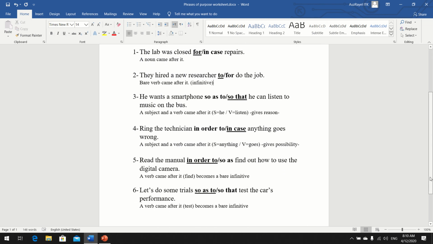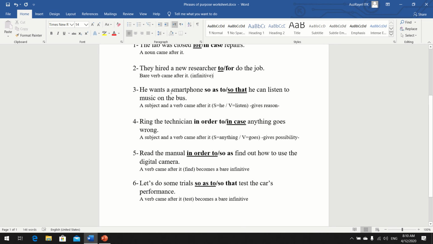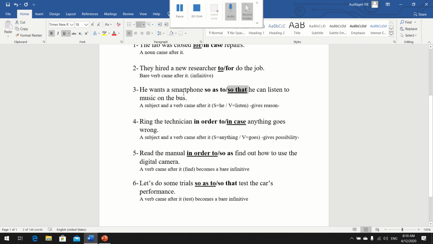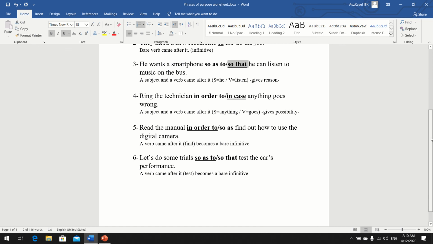The third sentence says, he wants a smartphone so that he can listen to music on the bus. The reason why we chose so that is because after the clause of purpose came a subject and a verb. Okay? So we chose so that.